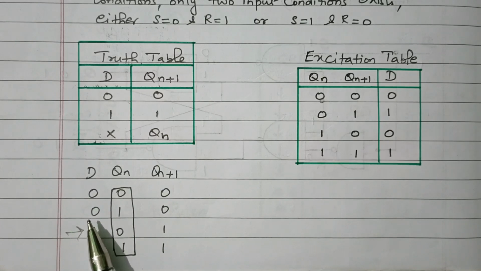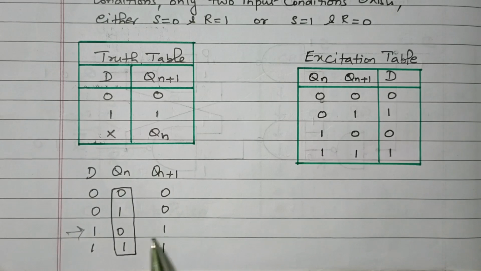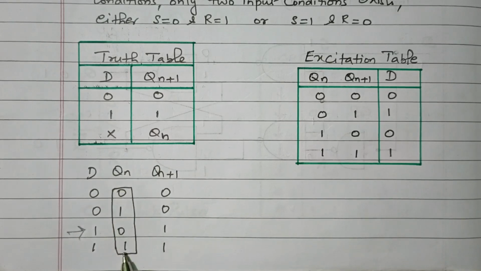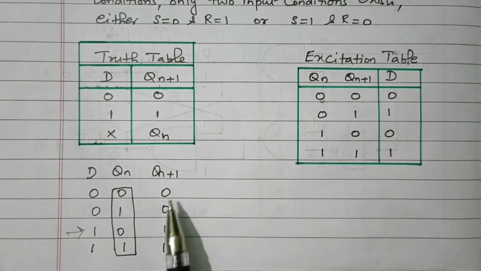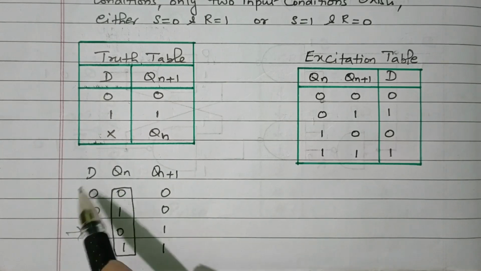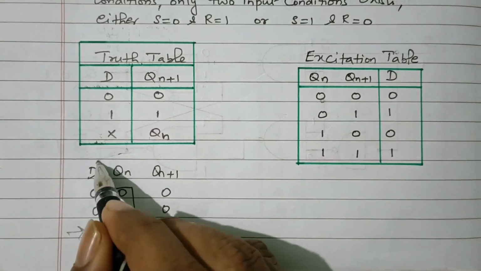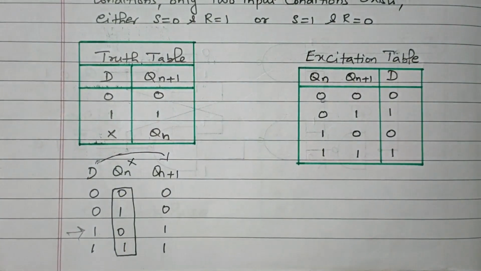So while giving the input, the output depends upon the earlier available output as well as the present input. In this D flip-flop, whatever the present state may be, the next state is nothing but the D input. D equal to 0 means the next state is also 0. D 0 means 0, 1 means 1. So the D input will be reflected in the next state. It will not bother about the present state.